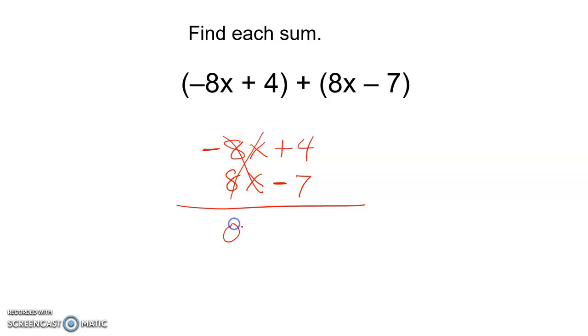You get 0x. And then positive 4, negative 7, different signs, subtract. There's more negatives, so I get a negative 3. So if you have 0x minus 3, your answer is just negative 3, because you're not going to put a 0x. Canceled, it's gone.